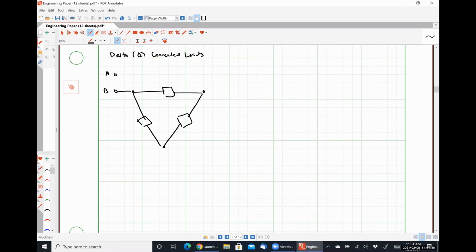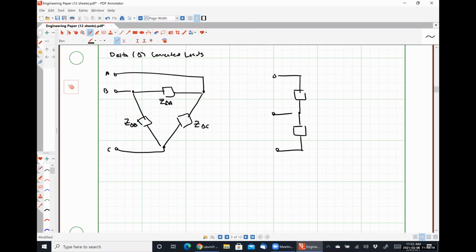A, B, C. Let's call this guy Z delta C. This guy up here will be Z delta A. This guy here will be Z delta B. Or in the simplified box way, so these are two different ways of drawing our delta connected loads.